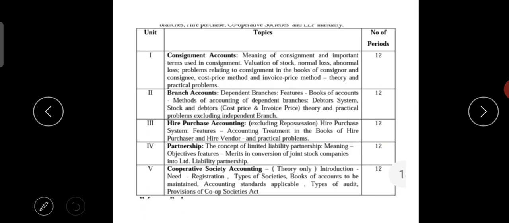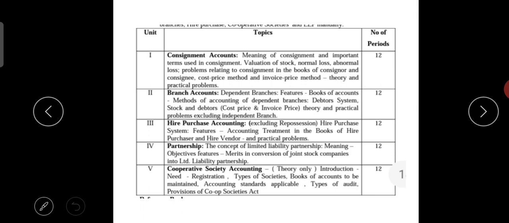Next, the unit 2 is branch accounts. Branch means it is a separate section or outlet opened at a different place by a business organization to increase the sales.